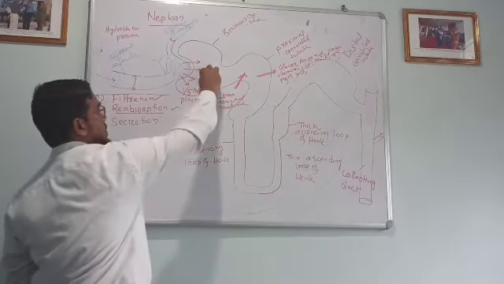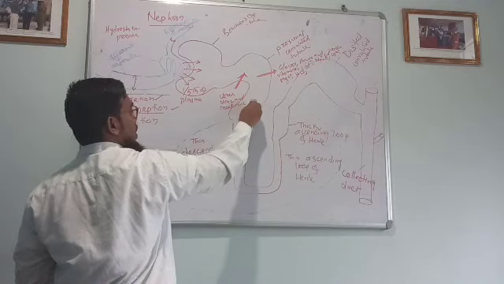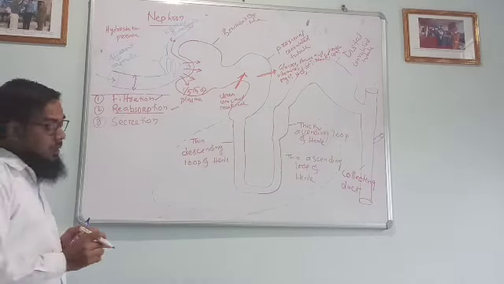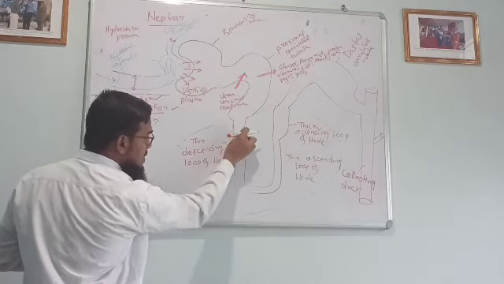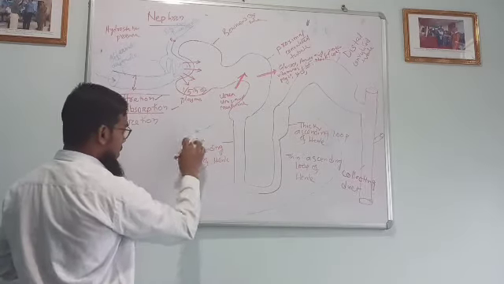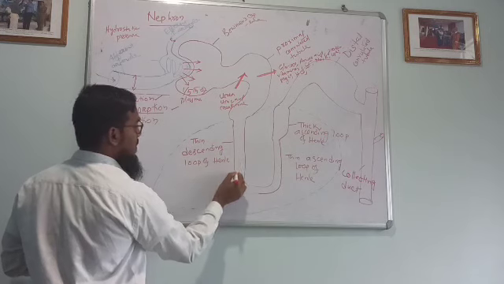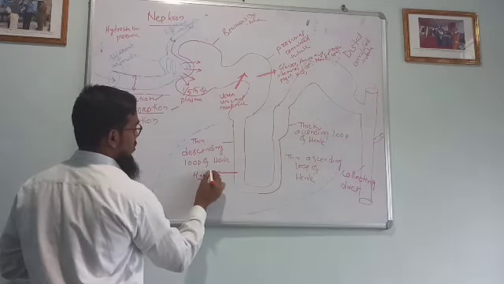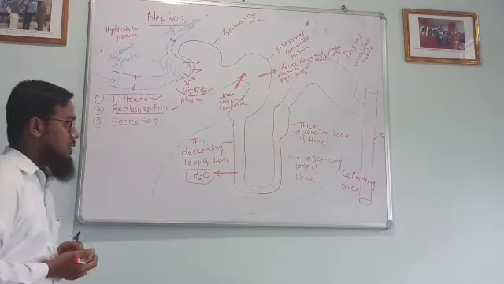Next, this filtrate will come to the descending loop of Henle. In the descending loop, the first part is the thin descending loop, which enters inside the medulla. Here reabsorption mainly of water will take place.